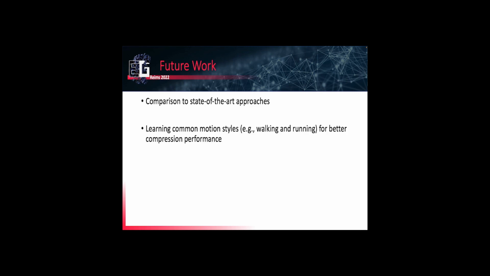Another future work is to encode common motion styles for better compression results. For example, there are common motion styles such as walking and running sequences. So learning a common motion prior from a large database will be interesting and important to achieve better compression results.